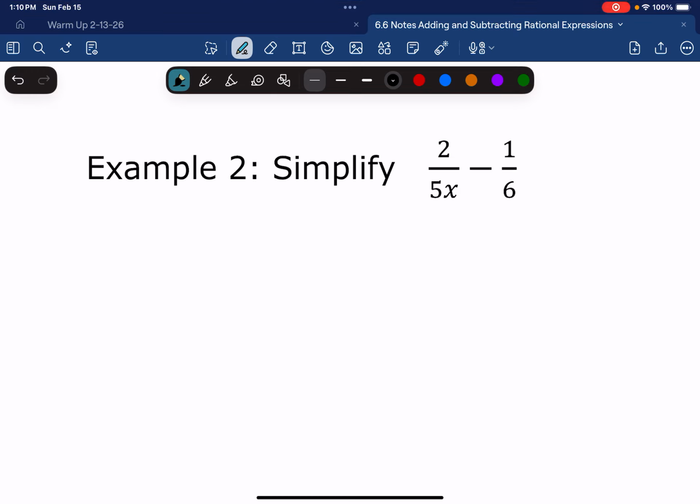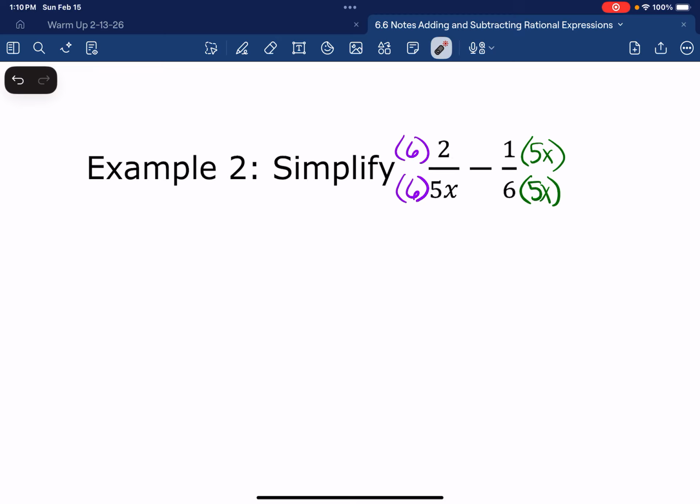So my first fraction, I'm going to go ahead and multiply by the number 6, which means I have to multiply my numerator by the number 6 also. And my second fraction will multiply by 5x, which means I have to multiply my numerator also by 5x. Right? So now they're both exactly the same. 5x times 6, 5x times 6. They have the exact same denominator.